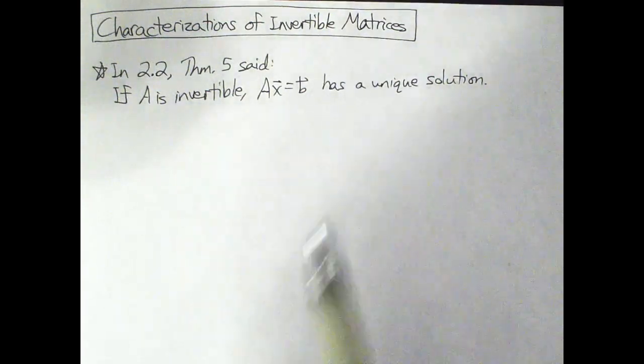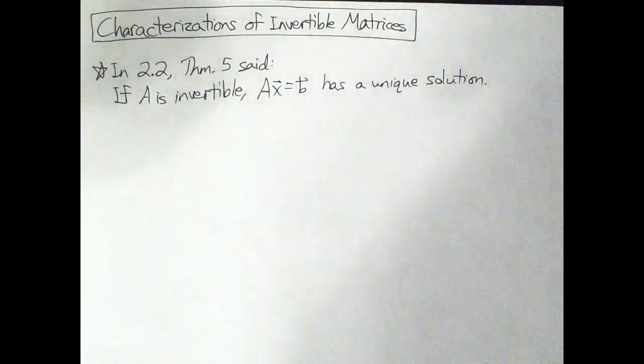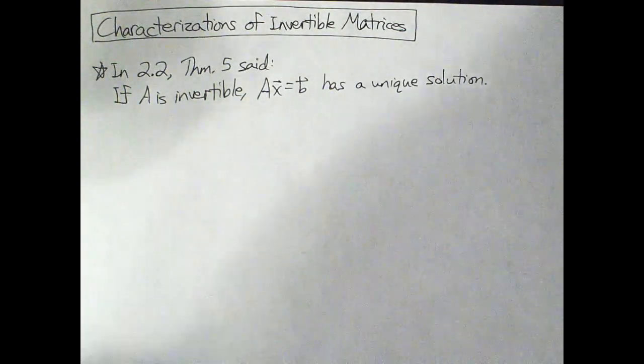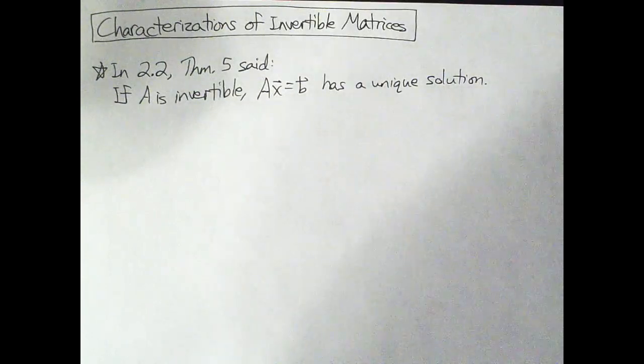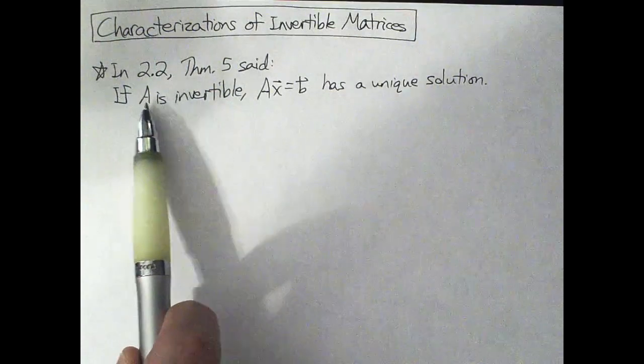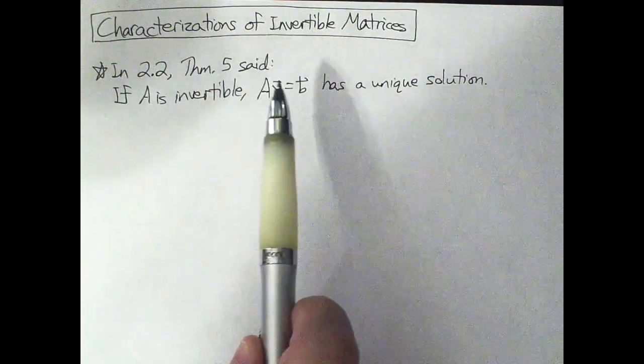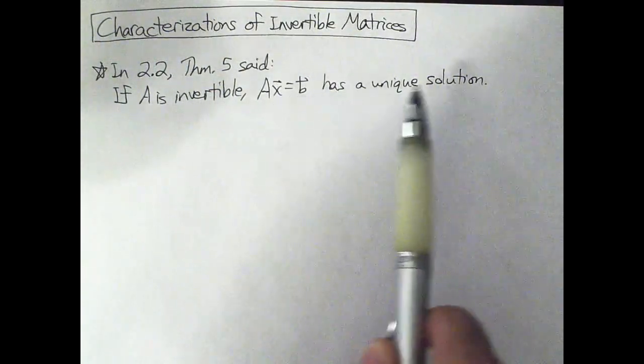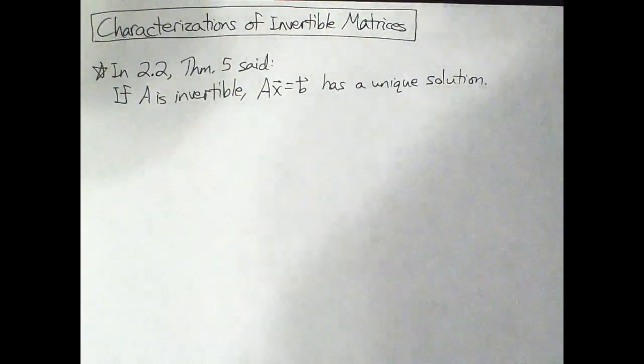And that's true for any vector B. When we covered this in the previous lesson, I think that when we got to this theorem, I stopped and said, this seems important to us because it's starting to show us how a matrix being invertible is related to whether or not a linear system has solutions.